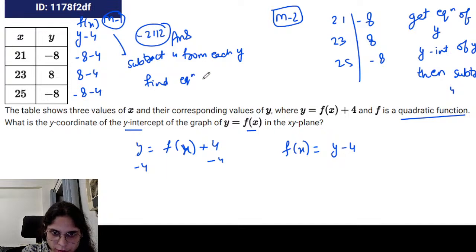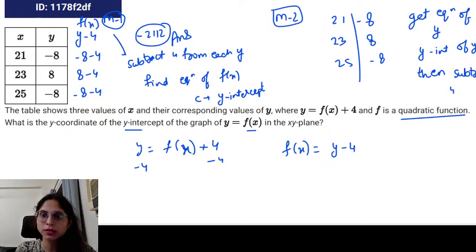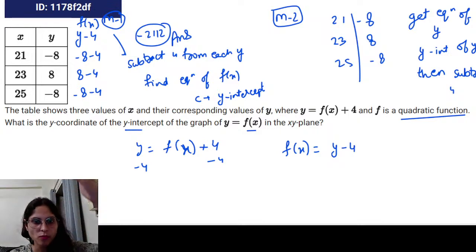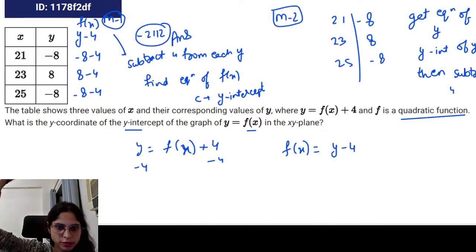Find equation of f of x. C is going to be your y-intercept. Make sense? So you can subtract 4 from all of the y values, or you can use the exact table, get the equation, then subtract 4 from the final answer.